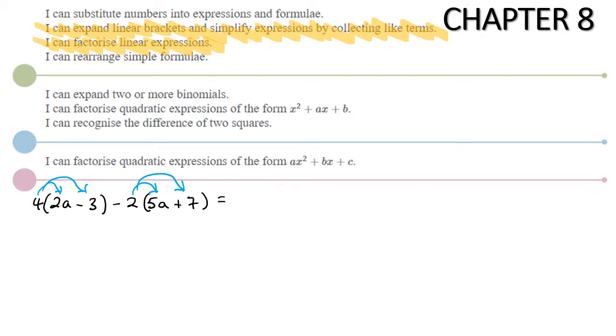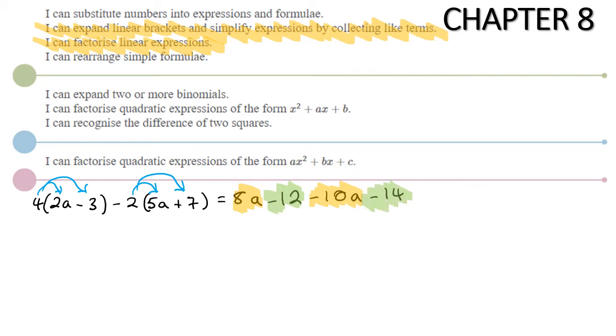So from the first set of brackets, I'll get 8a minus 12. From the second set of brackets, I'll get negative 10a minus 14. Now, what I will get is that these will go together, the 8a and the negative 10a, and then these will go together, the negative 12 and the negative 14.